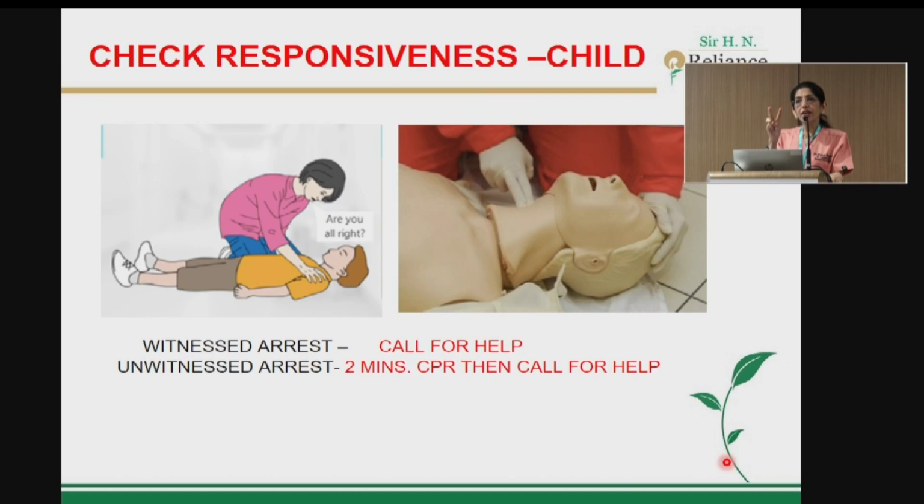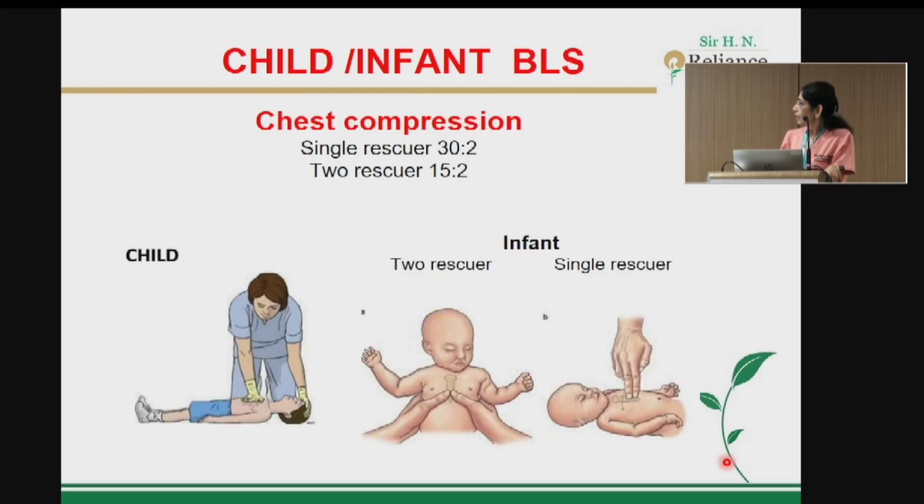Now, if you are two rescuers, in children most of the time arrest occurs because of hypoxia, so that is why you give 15:2. So 15 compressions and 2 ventilations if you are two rescuers, and if you are a single rescuer, then 30:2, same as an adult. In case of an infant, you can give the compression with 2 fingers placed at the center of the chest, or you can encircle your hands around the chest and give the compression.